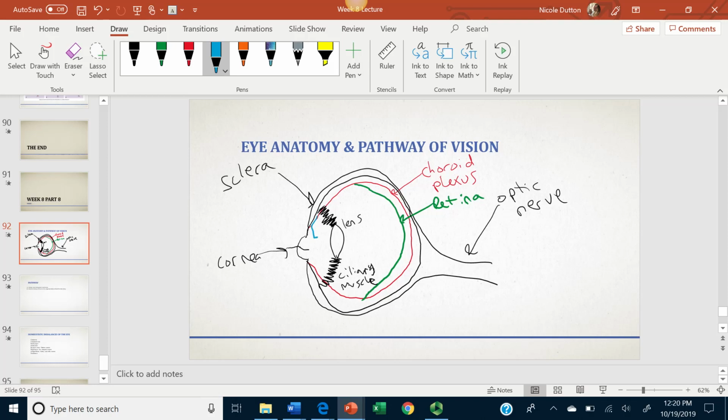So the colored part of the eye is known as the iris, and I'm going to give this person blue eyes. So my boys have blue eyes. And we go from there.